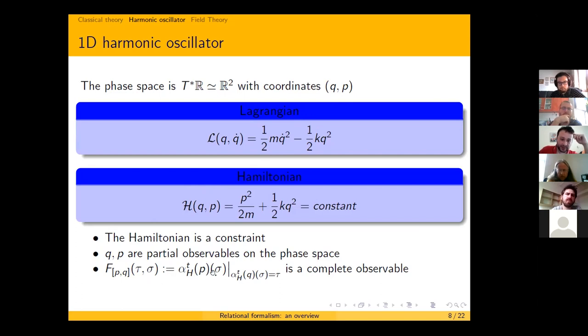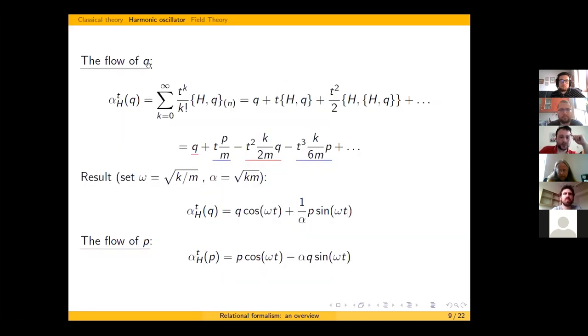So now this, with H the constraint, is basically a complete observable, and we will prove it. The first thing in the algorithm is to calculate the flow of this.